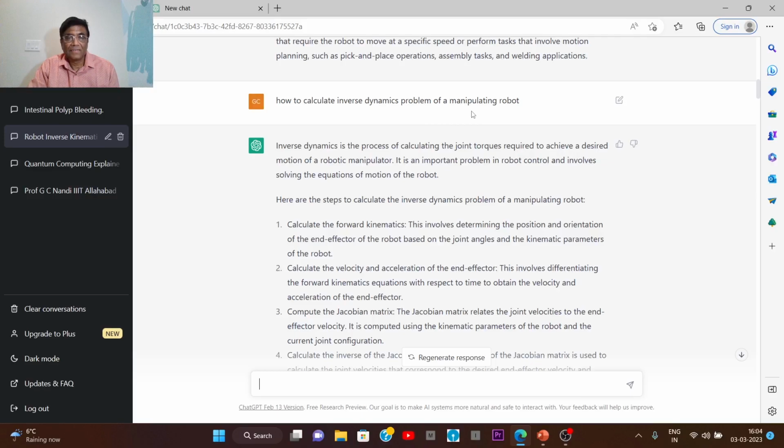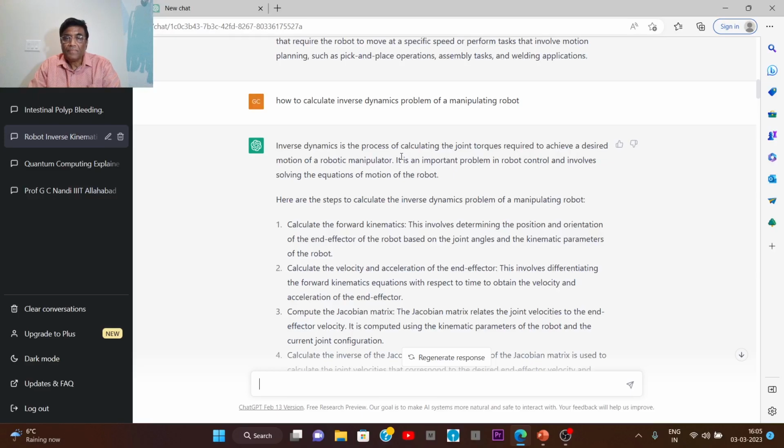So that's why I asked GC Nandi how to calculate the inverse dynamics problem of a manipulating robot, and my TA answered correctly. So inverse dynamics, what is inverse dynamics? It explained: it is calculating the joint torques required to achieve a desired motion of a robot manipulator.